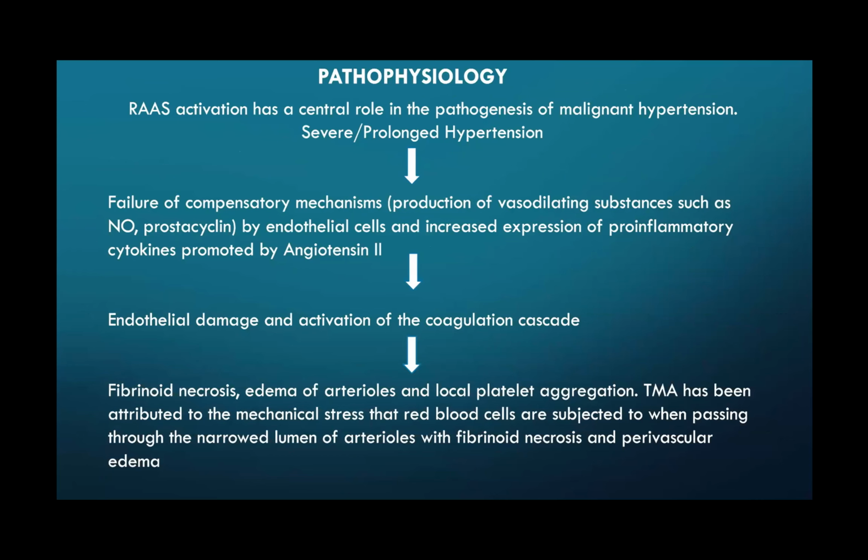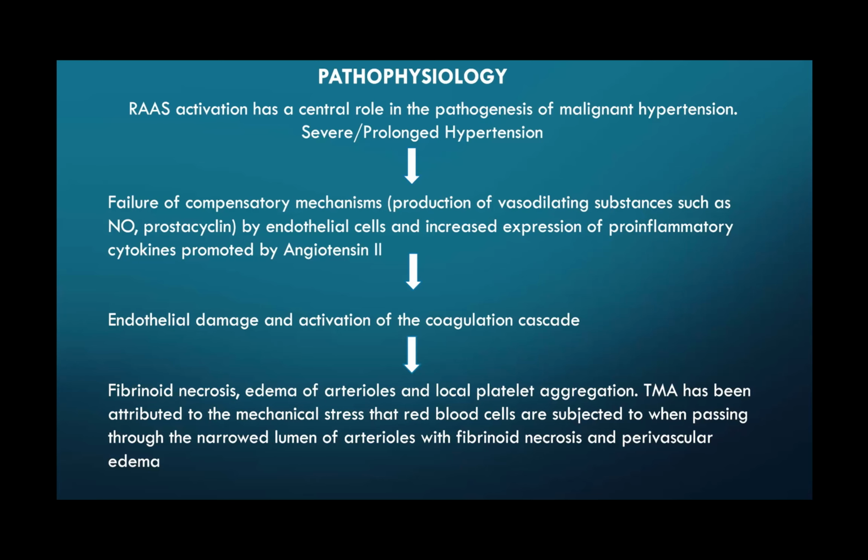There is an imbalance between your vasoconstrictors and your vasodilators. So your nitric oxide, prostacyclins, things that dilate your blood vessels, are actually low. And because of angiotensin II, there is increased production of pro-inflammatory cytokines. This causes endothelial damage, and whenever there's endothelial damage, it always activates the coagulation cascade. So what we see as a consequence is fibrinoid necrosis, edema of the arterioles, and also platelet aggregation.